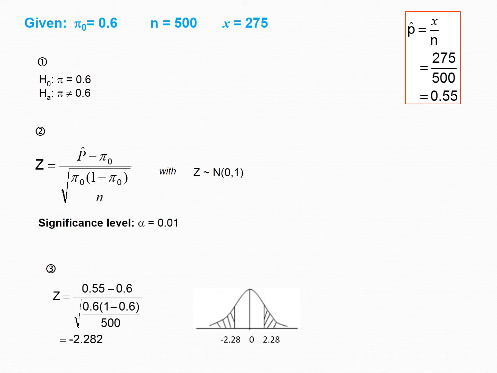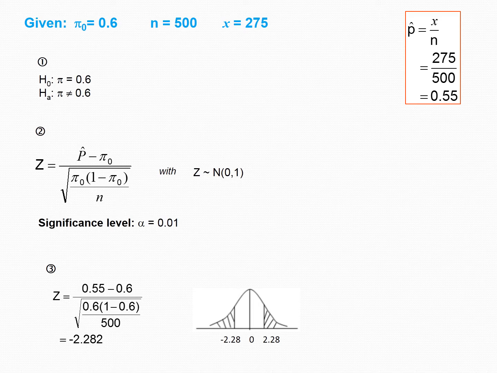We can then first of all determine our sample proportion. So 275 divided by 500 will be 0.55. Then we want to test the two-sided alternative hypothesis because we want to see if the market share is 60% or not.